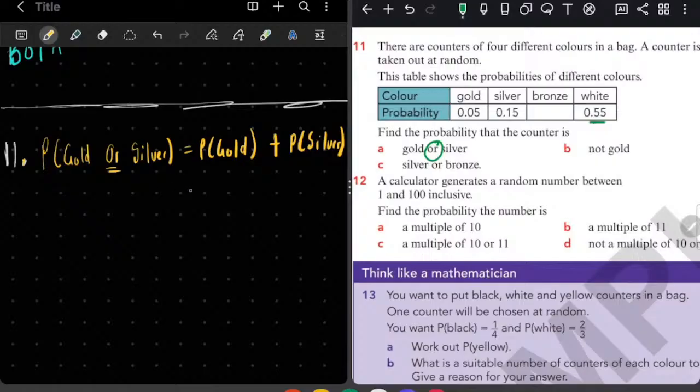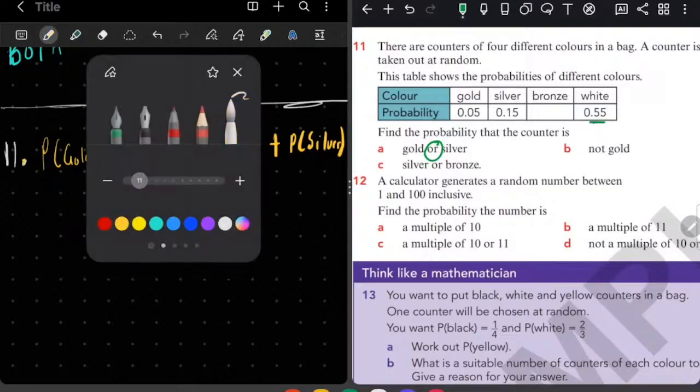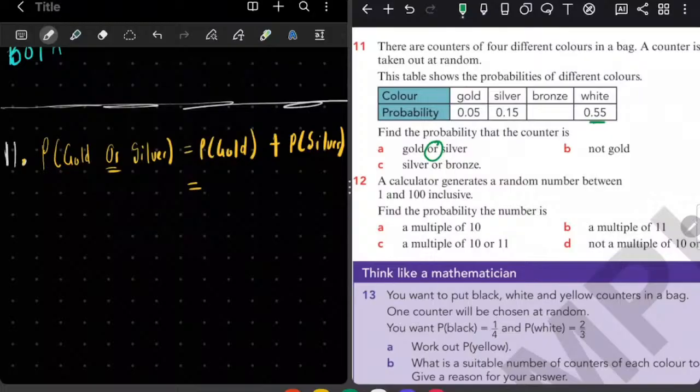So now, what is the probability of gold? What is the probability of gold, class? Here, 0.05. So you say 0.05. Plus, what's the probability of silver? 0.15. Well done. So add, you get 0.20 and you get your marks. Are we together?